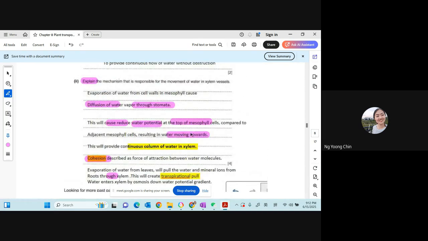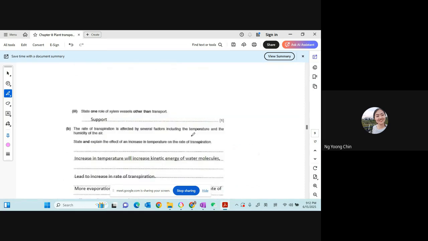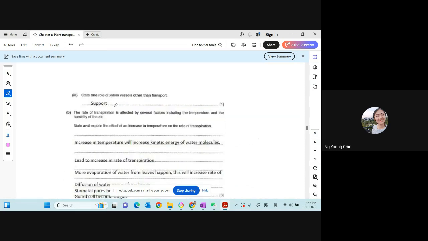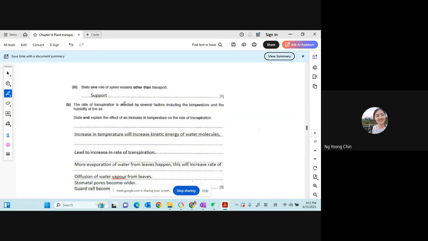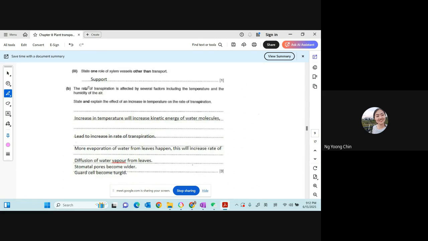So the xylem vessel not only transports water, but it can also help to support because it contains lignin. And then for this one, the rate of transpiration is affected by several factors, including the temperature and the humidity of air. So how are you able to explain it? Now they want you to explain how temperature is able to affect the rate of transpiration.